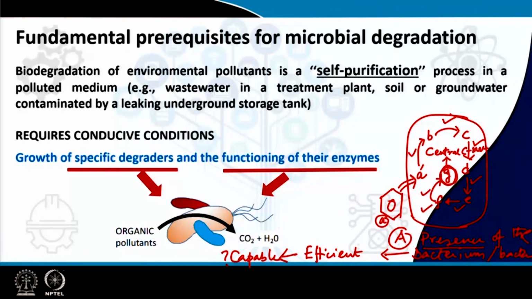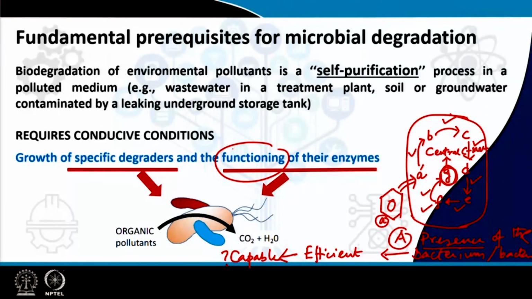One part is the expression of the genes responsible for all these enzymes. The other part is that even if the enzymes are formed, the microbes might require some other factors for the functioning of the enzymes. The functioning of the enzyme is a big aspect, because enzymes are sensitive to different factors, including pH, temperature, heavy metals, other organic compounds, and many other things.